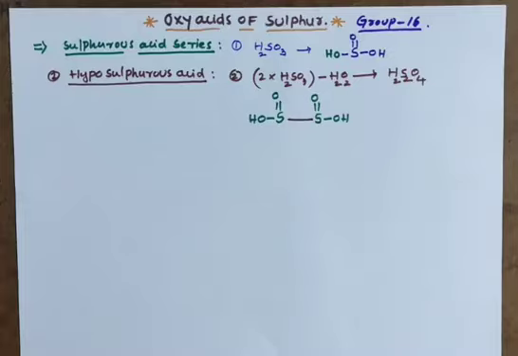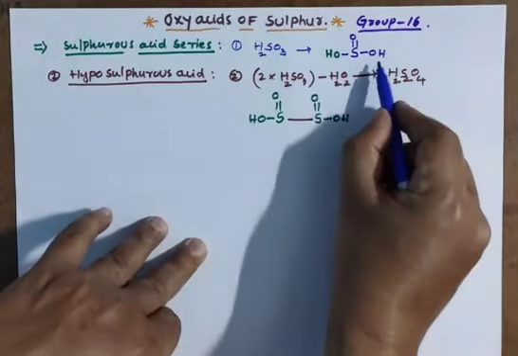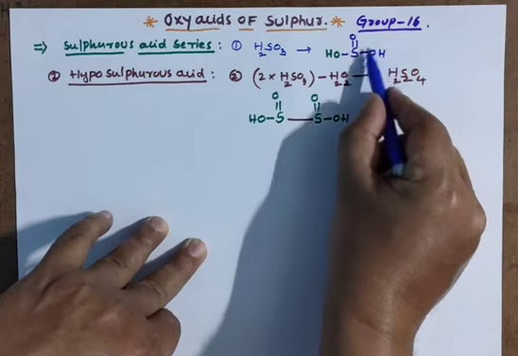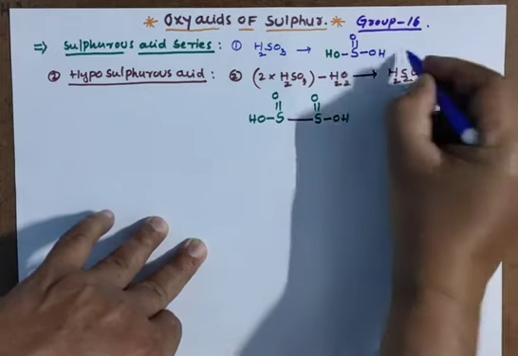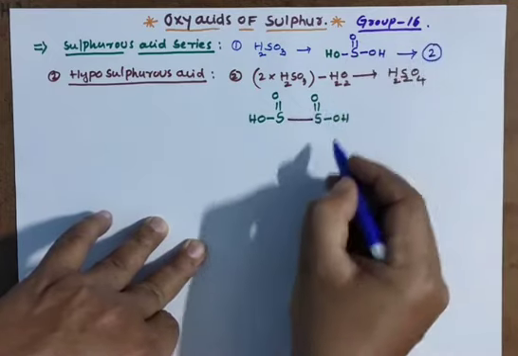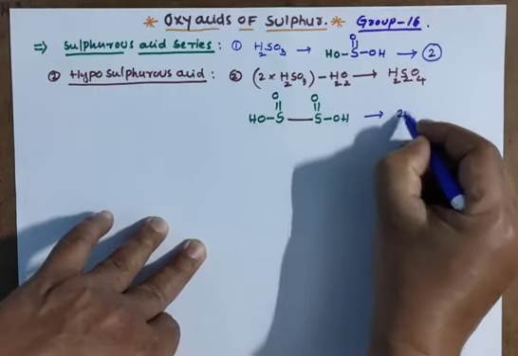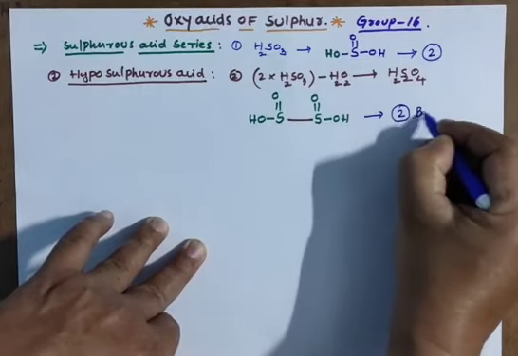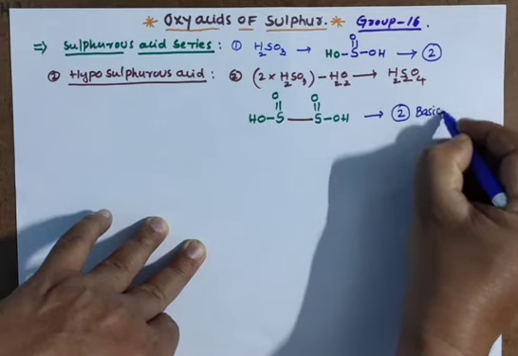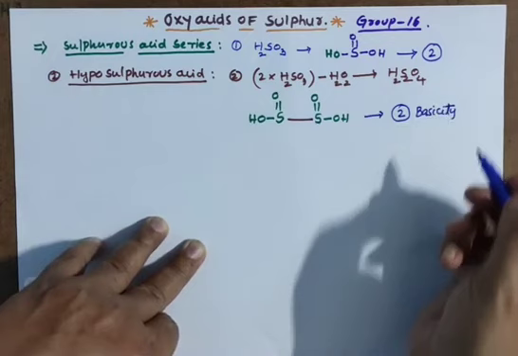Meanwhile, we will discuss basicity. See here how to remember basicity: number of OH groups equals basicity. How many OH groups are there? 2. So basicity is 2. What is basicity? Number of replaceable H plus ions.